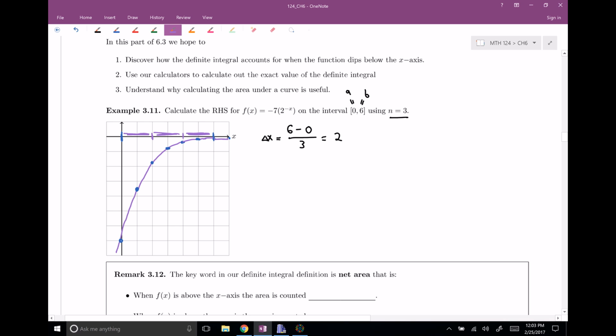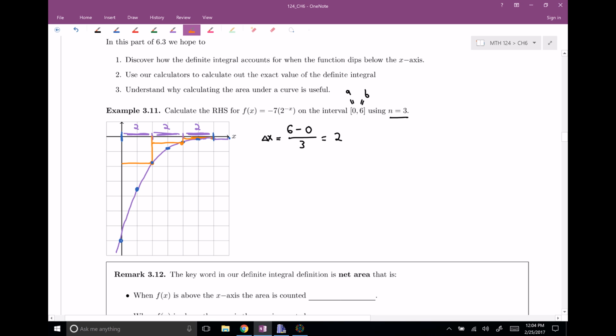Okay, so use the right-hand sum. We can see, first of all, that our widths, our delta x values, the widths of these rectangles, are 2. We're using a right-hand sum, so for each of these pieces, I'm going to use the right endpoint. I'll use this one for the first, and this one for the second, and then again very, very close to 0, just a little bit negative here.